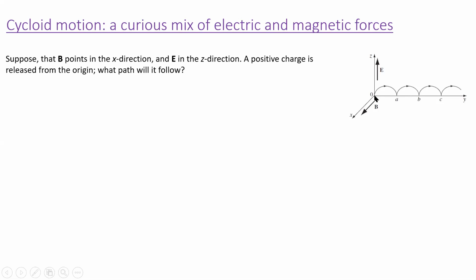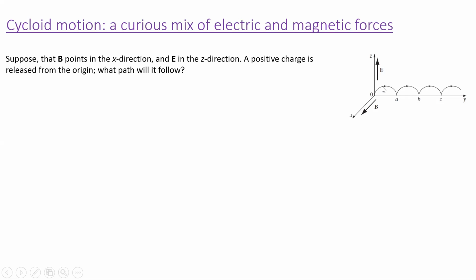Without motion, the magnetic force would be 0 since it has velocity in it. So if it's a positive particle, it'll start moving straight up. And as it moves straight up and gains velocity, it will encounter a magnetic force, in this case to the right.